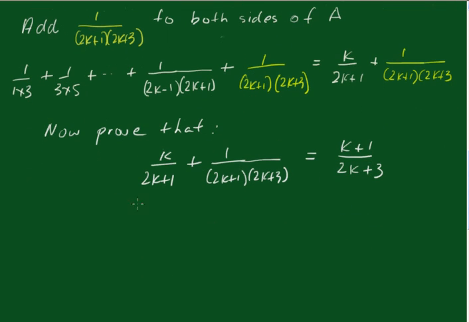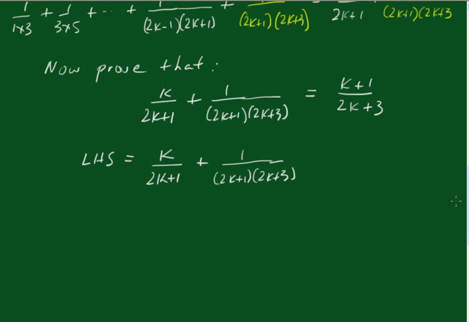Now, we'll look at the left-hand side. Let's rewrite it again: k over 2k plus 1 plus 1 over (2k plus 1)(2k plus 3). Okay, now you'll notice we need a common denominator of (2k plus 1) times (2k plus 3). So multiply numerator and denominator by 2k plus 3.